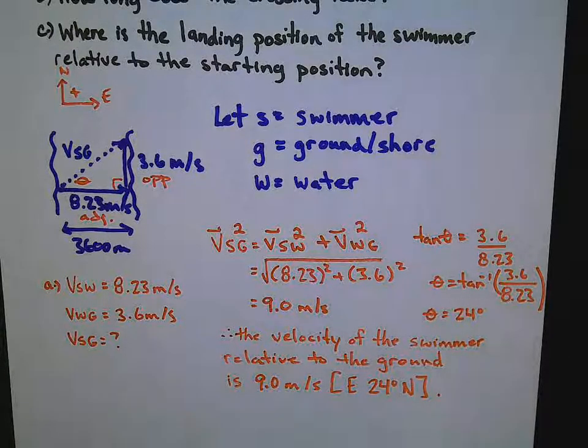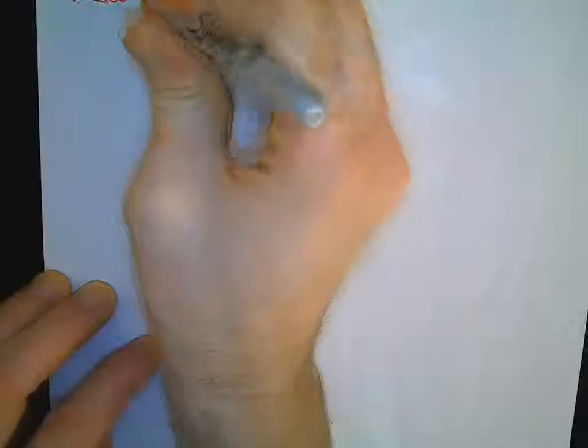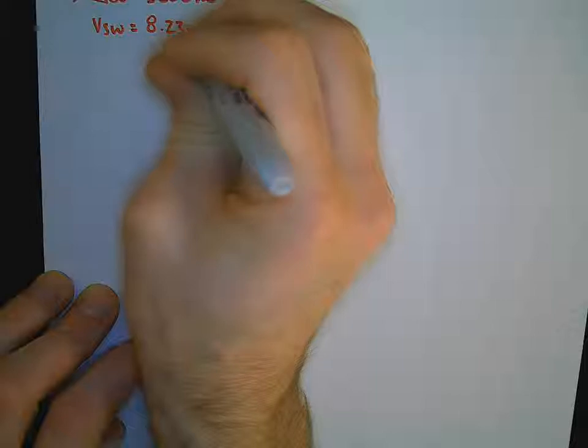Part B asks us, how long does this crossing take? How long does the crossing take? So we know from before in this question, for part B, that the displacement is in fact 3,600 meters, and the velocity of the swimmer in the water is 8.23 meters per second.